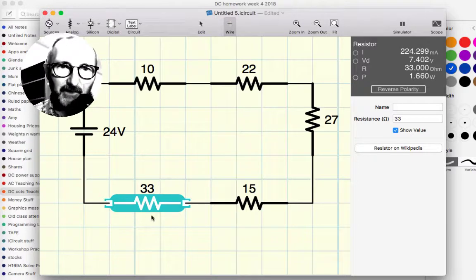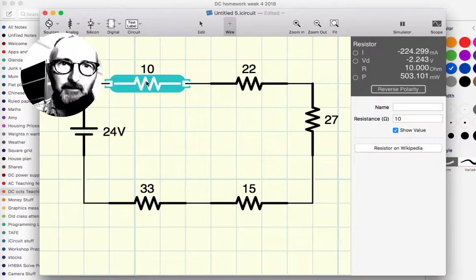And the same if we go and look at the 33 ohm resistor. This is the largest resistor in the circuit, and it's going to have the same current flowing through it, but therefore, because V equals I times R, it'll have the largest voltage drop across it. VD there, 7.4 volts. If we go back to the 10 ohm resistor, that one being the smallest, that should have the smallest voltage drop across it, and that has 2.24 volts dropped across it.